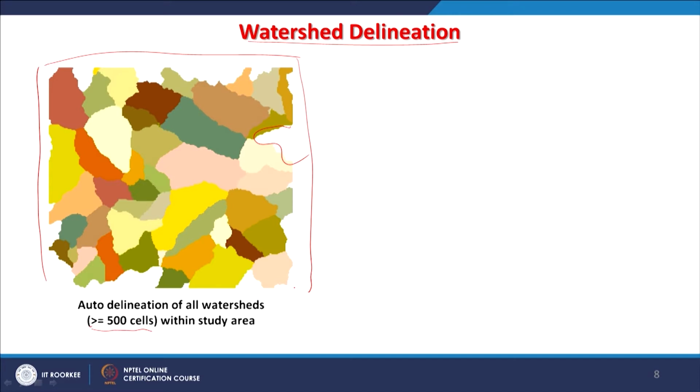Here we do not have a continuous digital elevation model for the entire globe, only a part of it. So, this area will contribute to some other outlet, maybe like this, and therefore it is not part of this basin, and therefore it has not been delineated.